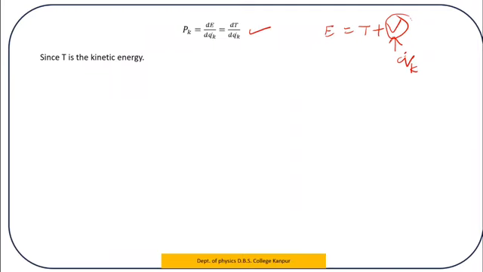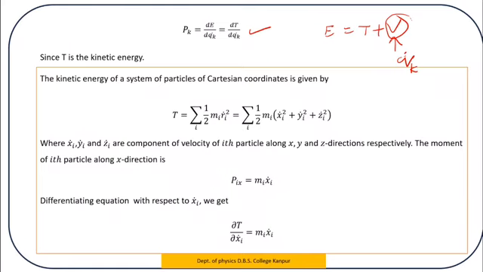In another way, you can say the kinetic energy of a system is given by this, in terms of Cartesian coordinates, by this. If differentiating T with respect to xi dot, you will get mi xi dot. mi xi dot is the momentum of the ith particle, pix.